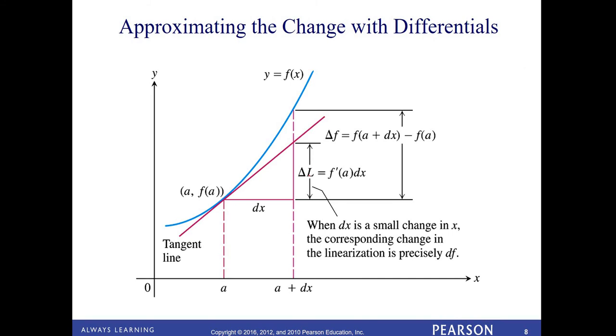So here it is in a picture showing you f of a, and this is the change, f of a plus dx minus f of a, and showing that this approximation is very close to the actual. Remember, this dx has to be very, very small.